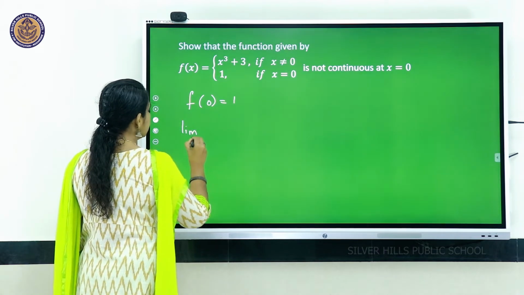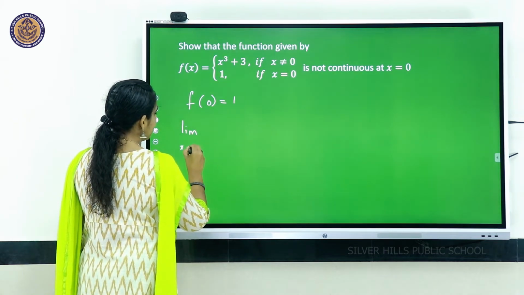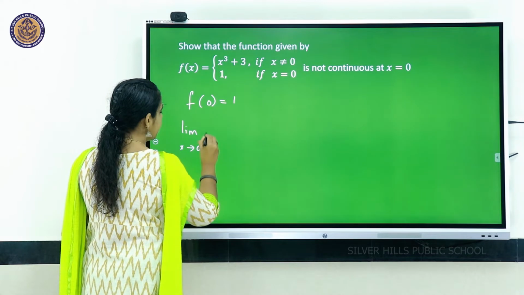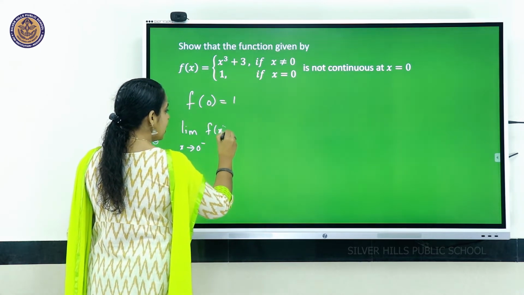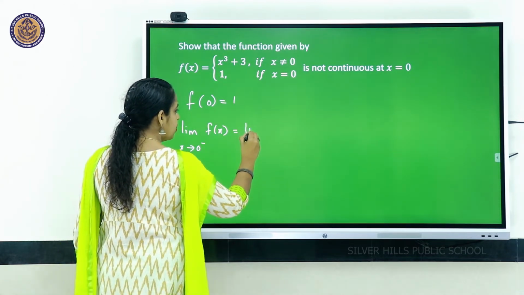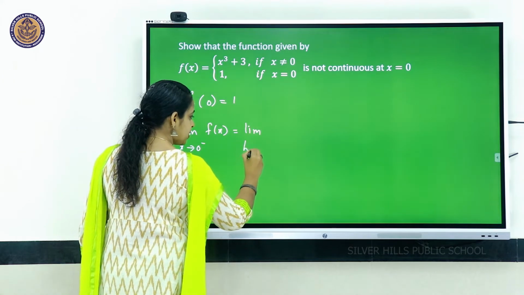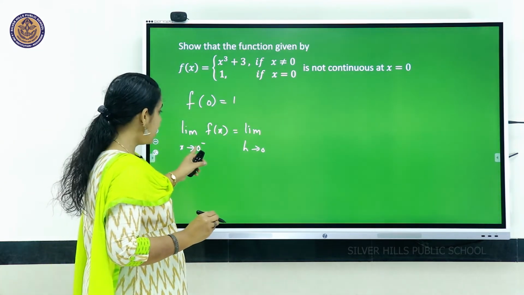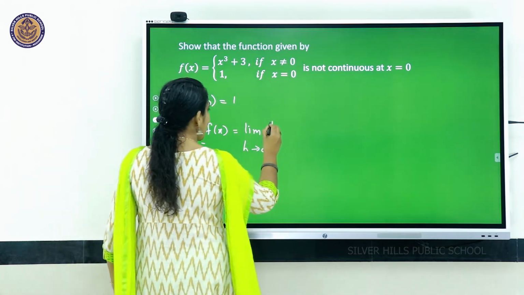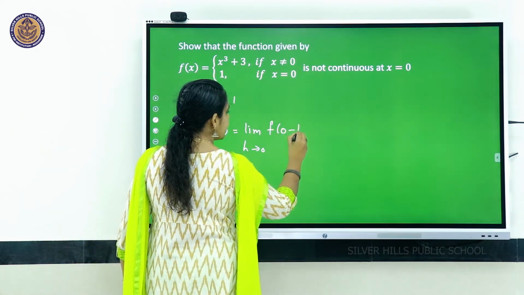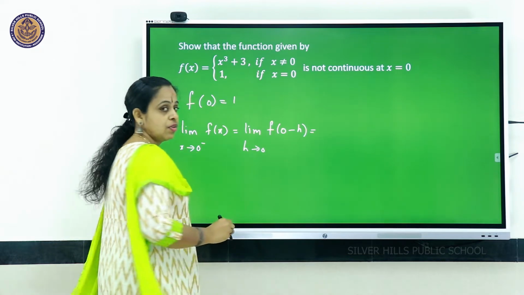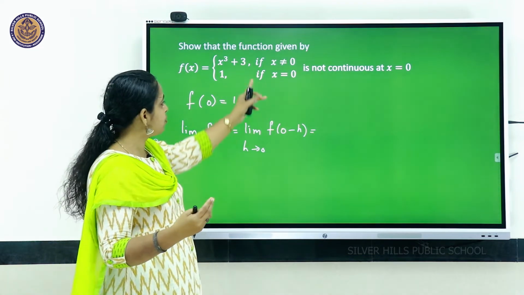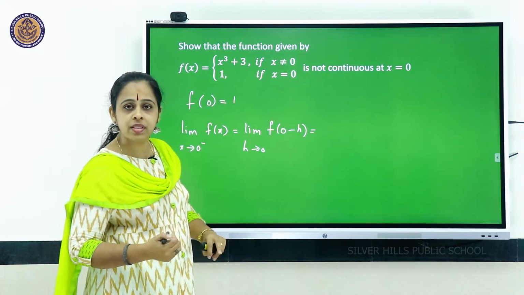Limit x tending to 0 minus f of x equal to limit h is tending to 0. As before, a small positive quantity, left of 0 means f of 0 minus h. Whether left of 0 or right of 0, it takes x cube plus 3.